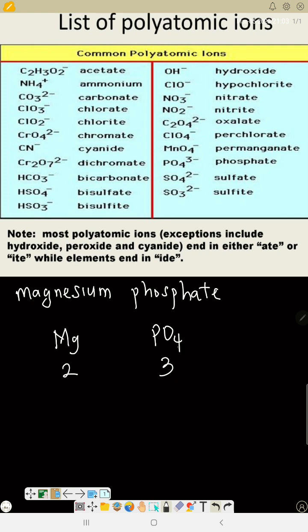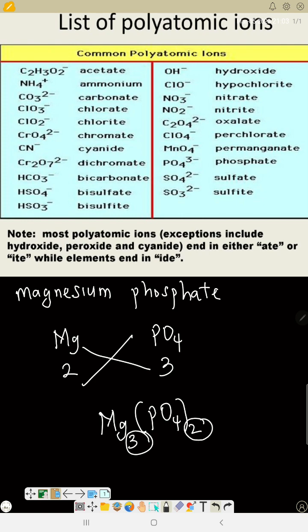Take note, so if you do your crisscross, this will be Mg3(PO4)2. You will notice now that for the subscripts, nothing can go in the subscript, so you leave it like that. So this is magnesium tetraoxophosphate(V), or magnesium phosphate in short.